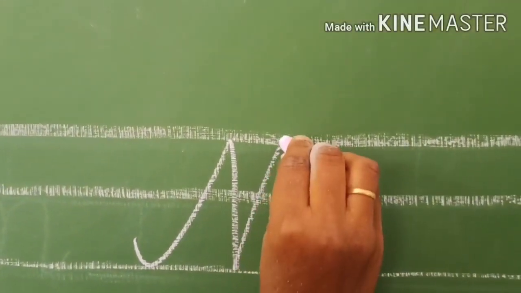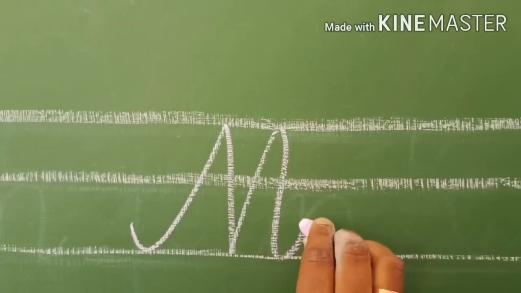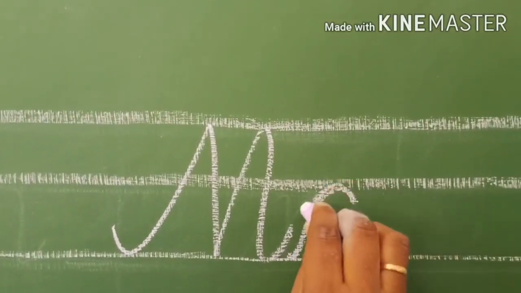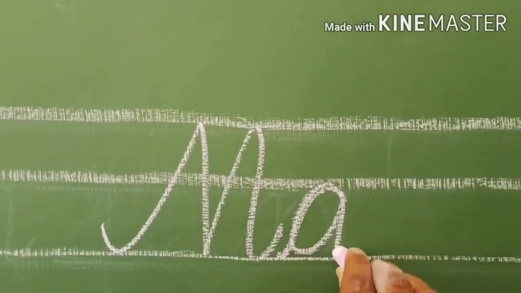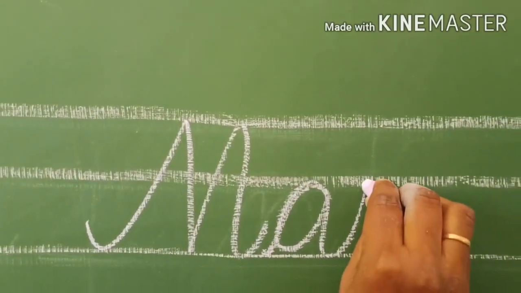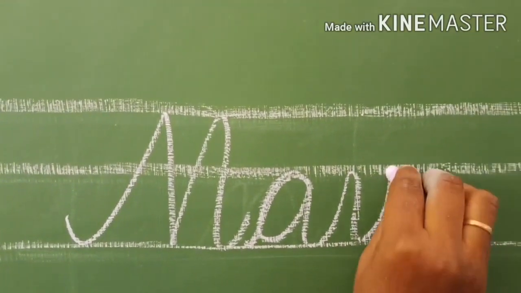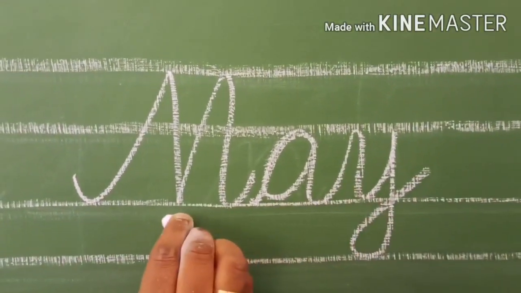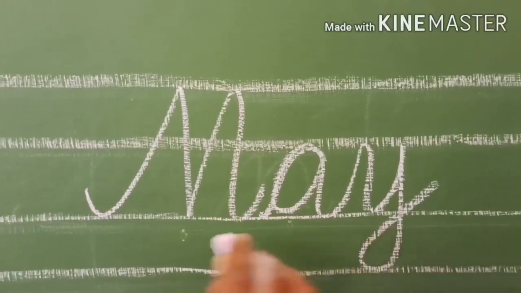Capital M, you should touch the top line, middle line and base line. A, you should touch the middle line and base line. Y, you should touch the middle line, base line and bottom line. So May.